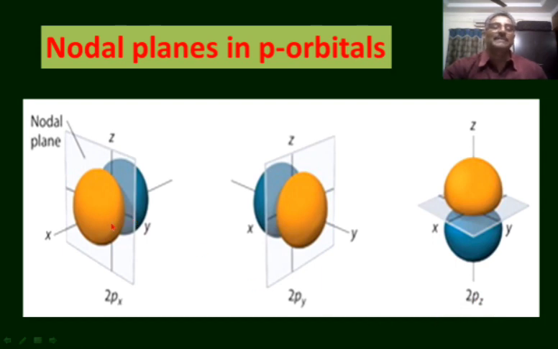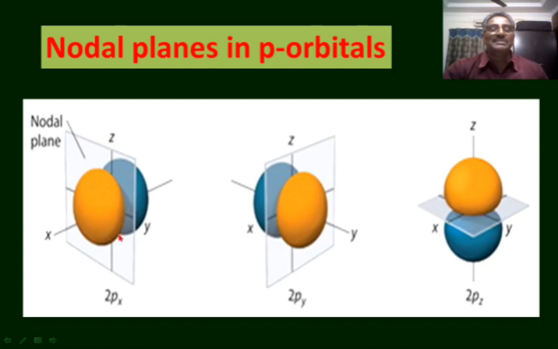For px orbital, there exists a plane which is passing through the y-axis and z-axis.